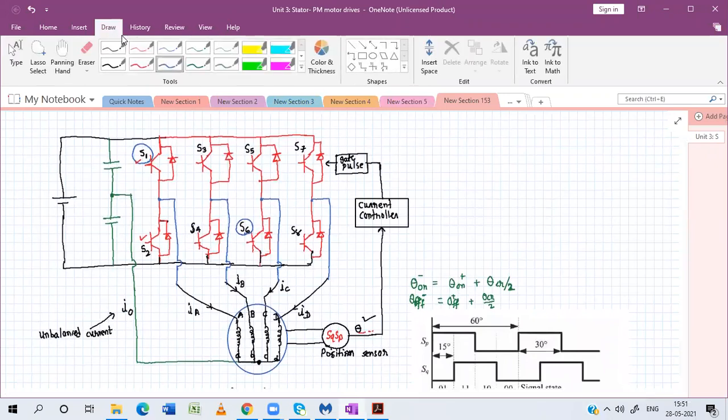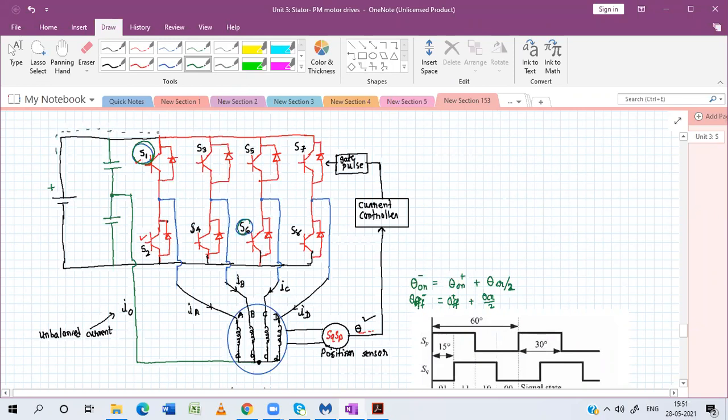So if S1 and S6 are conducting, what is the path? This one is on. Here it is connected with the positive side. Are you getting it?